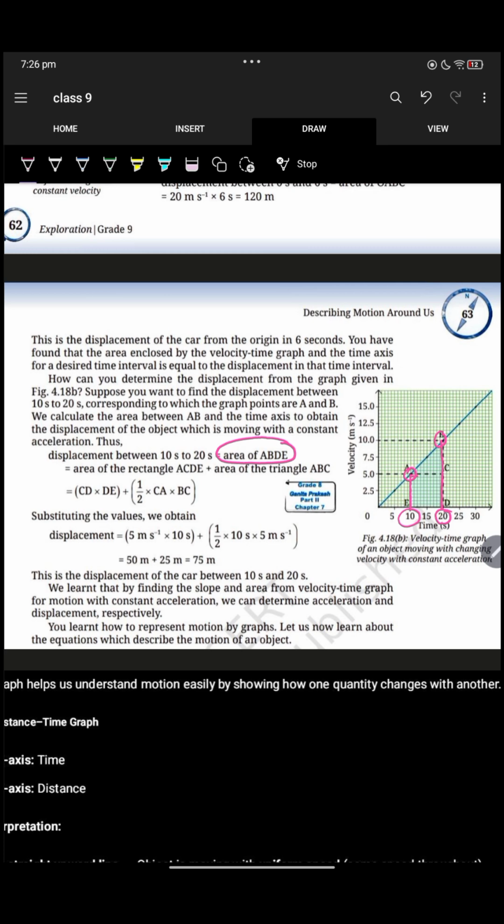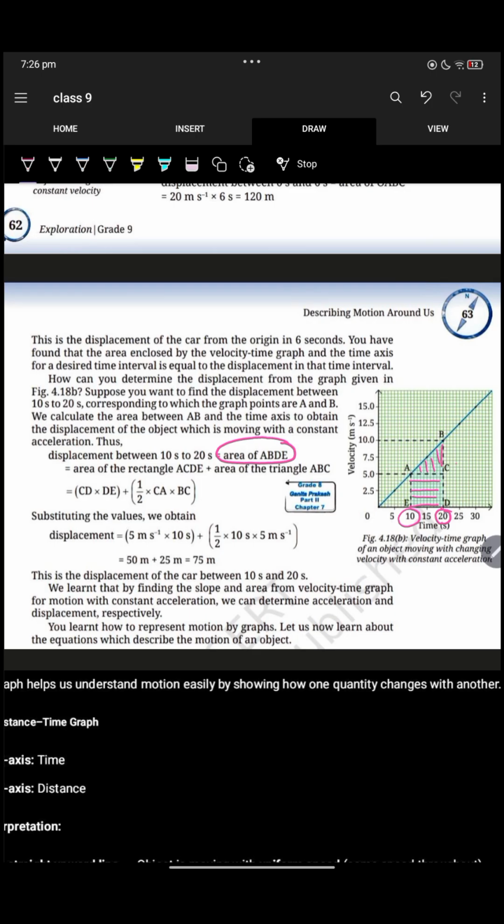From A you draw a perpendicular to BD. This is the perpendicular. Name it as C. And so you get a triangle ABC and a rectangle ACDE. Okay, so let us see it clearly. This is your triangle ABC and this is the rectangle ACDE.